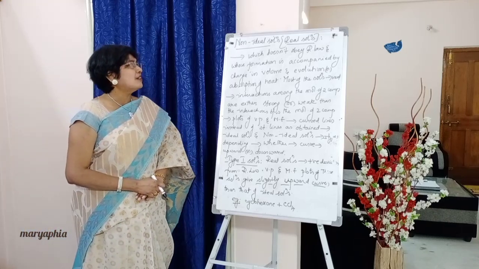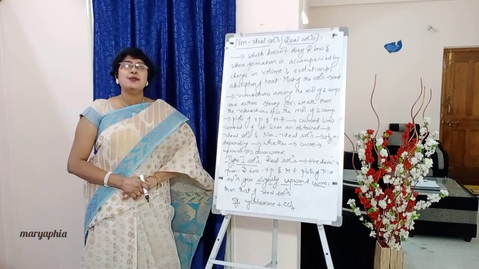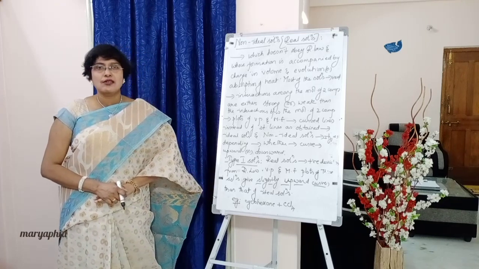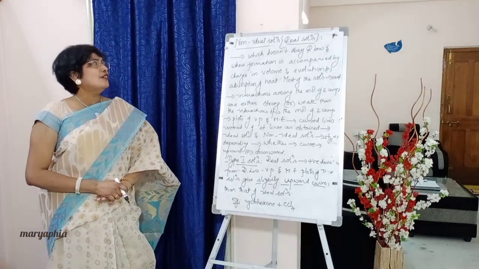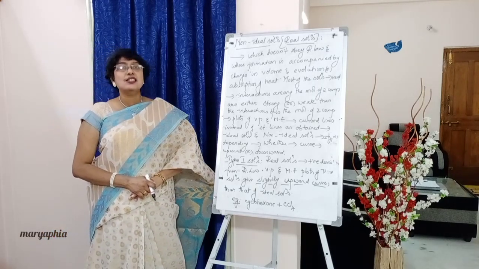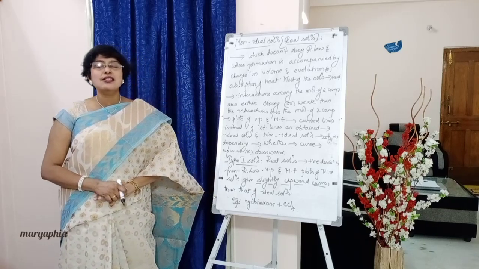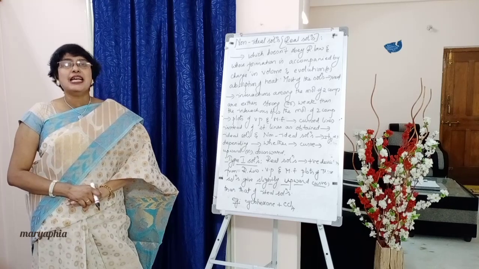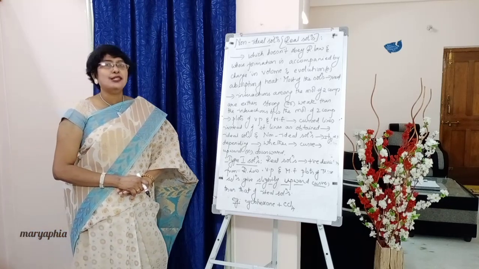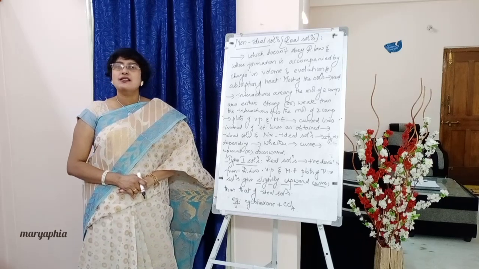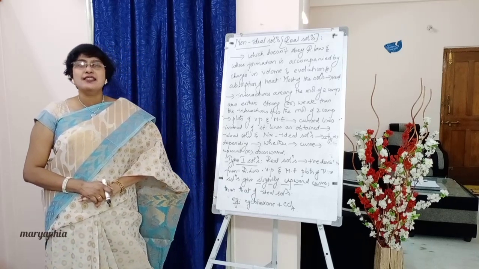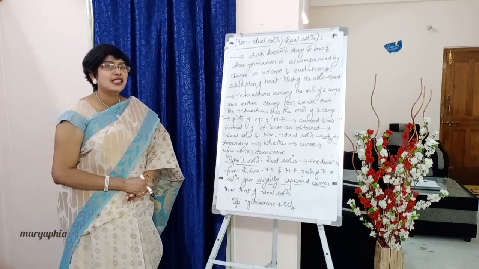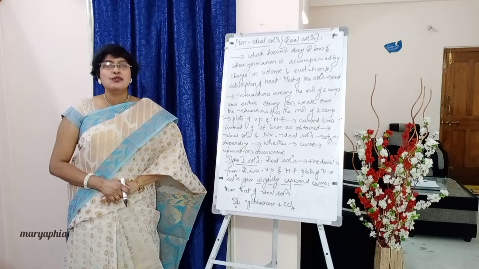So you can write as the first point: a solution is said to be non-ideal or real when it doesn't obey Raoult's law, or a non-ideal solution is the solution which doesn't obey Raoult's law. And also, students, in the formation of a non-ideal solution, we observe that the attractive forces among the molecules of two liquid components are not exactly the same as the attractive forces between the molecules of the two components.